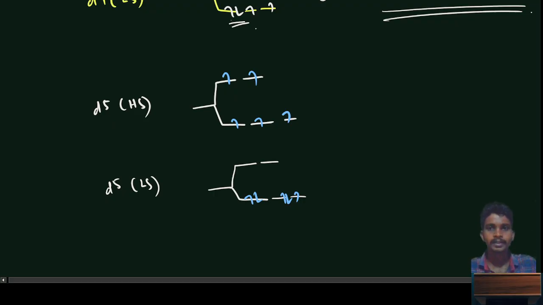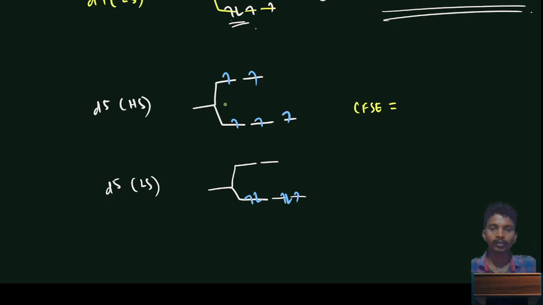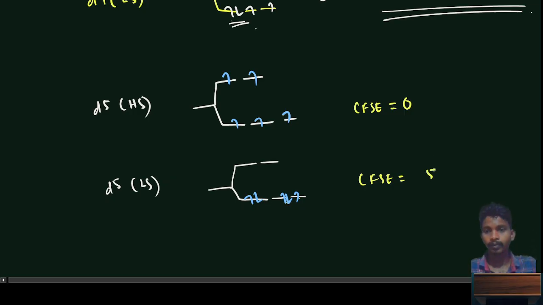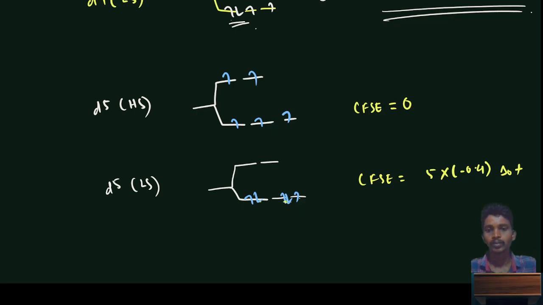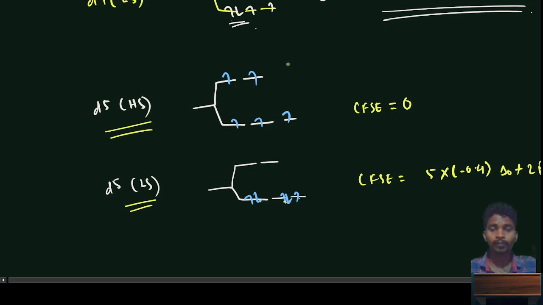For this case, CFSE will be 0 for high spin, and for low spin, 1, 2, 3, 4, 5, so 5 into minus 0.4 delta naught plus how many pairing, 2, or 2p. Since we check both cases, high spin and low spin: for high spin no pairing is there, so we are doing this forcefully, so we have to give 2p.